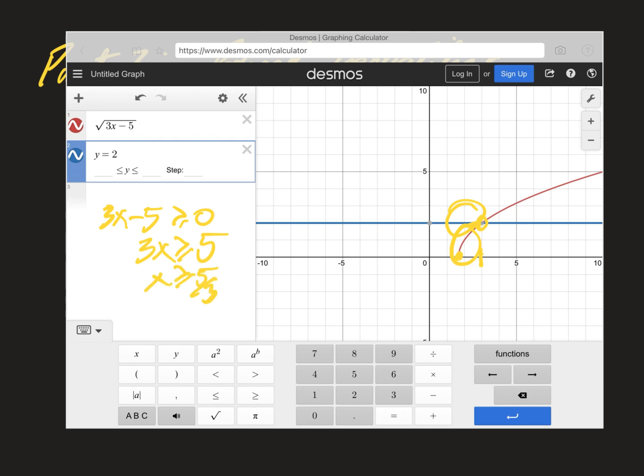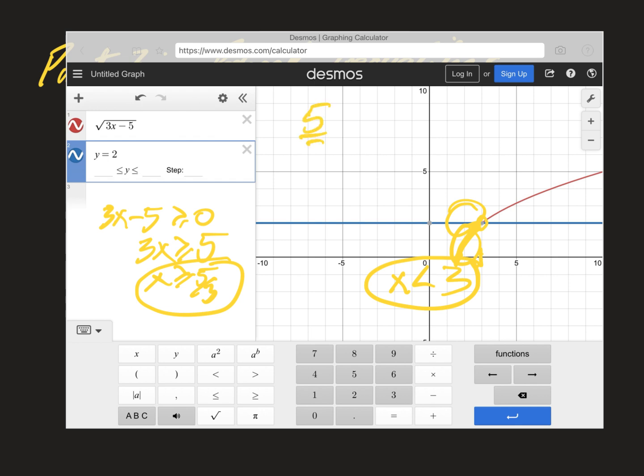And so you can see right here, 5/3 is 1 2/3, this red graph only appears to be the only part of the graph on the square root. And so even though we said the solution is x is less than 3, we could have said it also has to be bigger than 5/3.